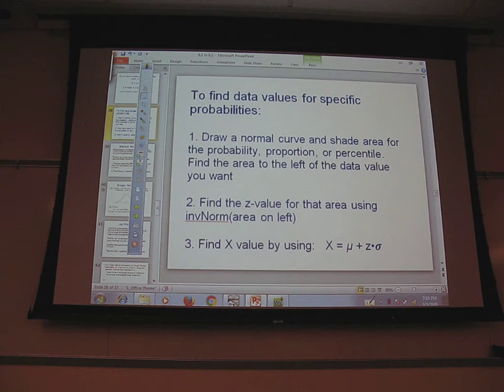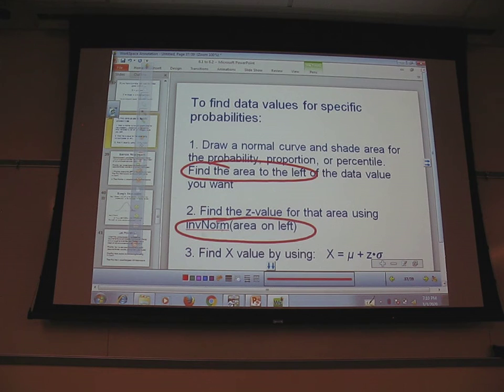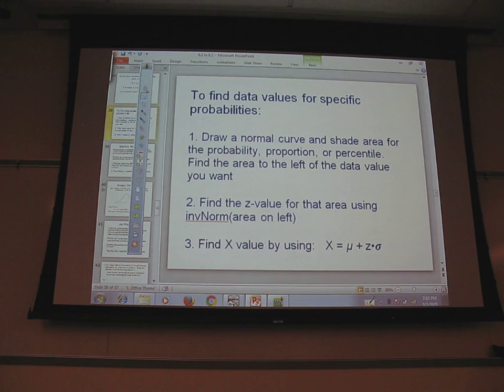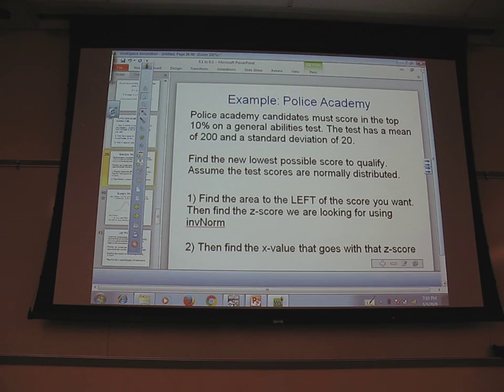Okay. This is what I said to you guys earlier. Find the area to the left, and then find the z, and then convert your z-score to an x value. All right, here's an example. We have time for an example. So this is the bottom of your page.